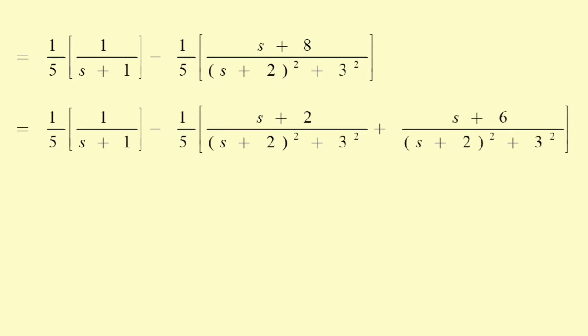Now writing the second term as s plus 2 by s plus 2 the whole squared plus 3 squared plus s plus 6 by s plus 2 the whole squared plus 3 squared, because if in the denominator we are having s plus a the whole squared plus b squared, then the numerator should be s plus a.